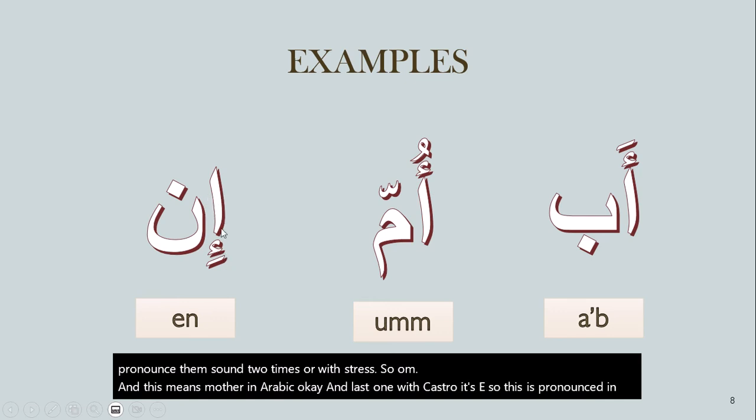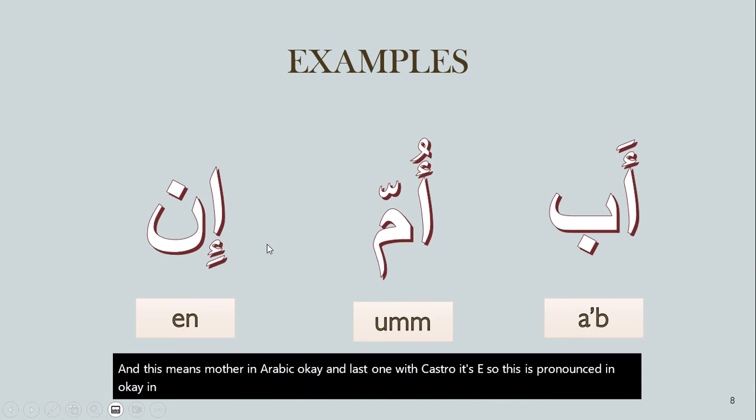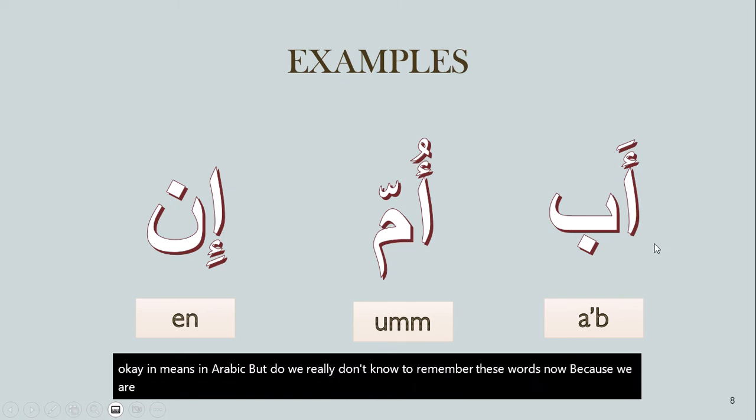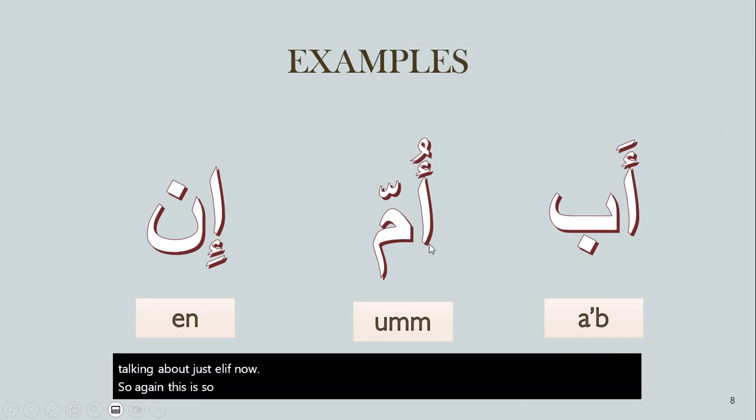In means if in Arabic, but we really don't need to remember these words now, because we are talking about just alif now. So again, this is a, so ab. This is u. This is e, so it's in.